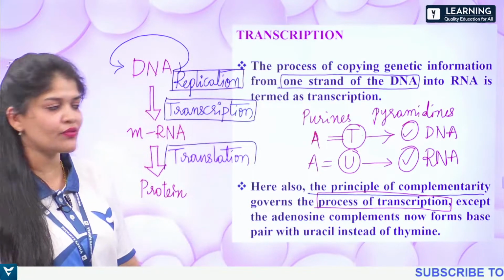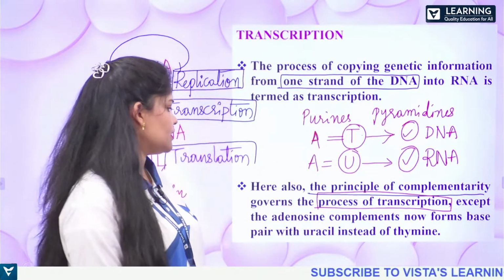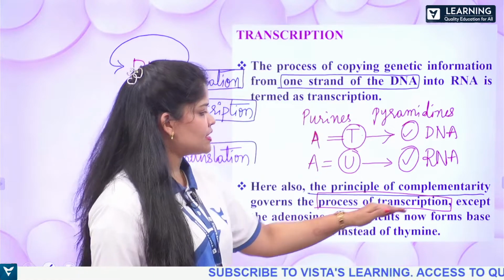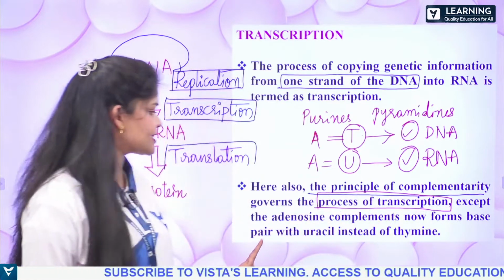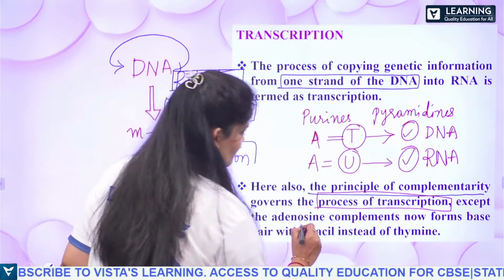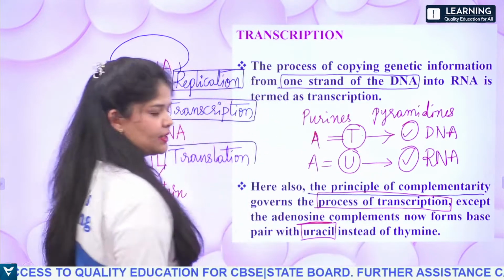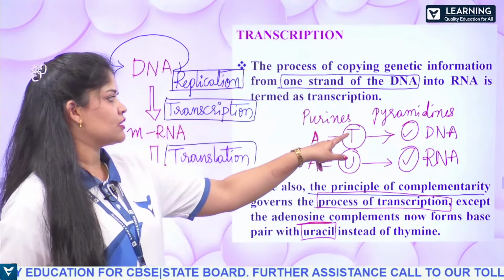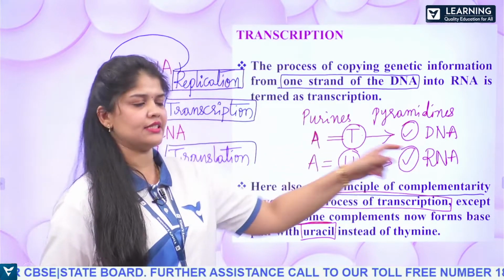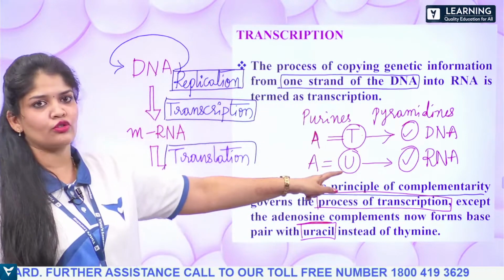That happens in the case of RNA. Here, adenosine forms a base pair with uracil instead of thymine. Instead of thymine, in the RNA, that is the mRNA, we see the presence of uracil.